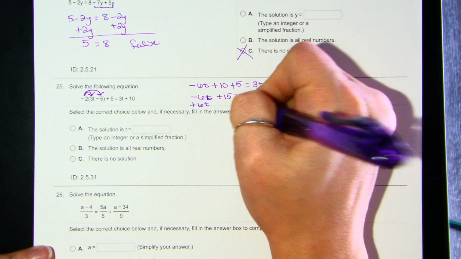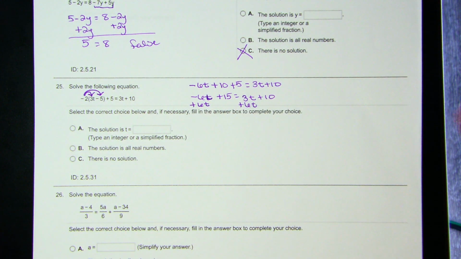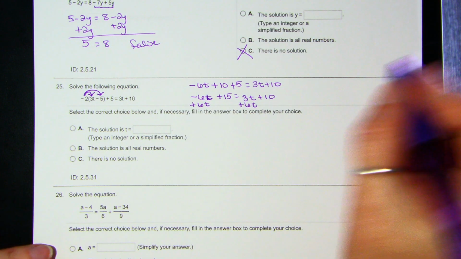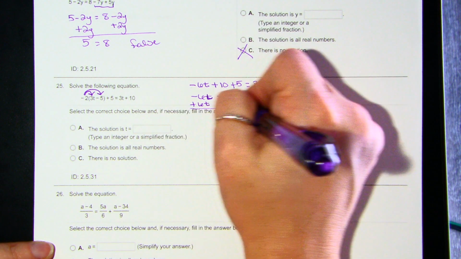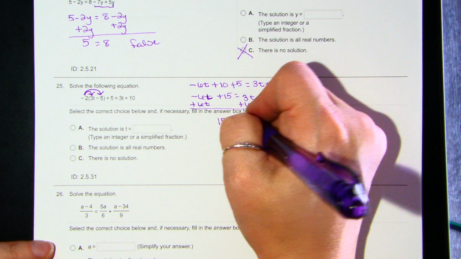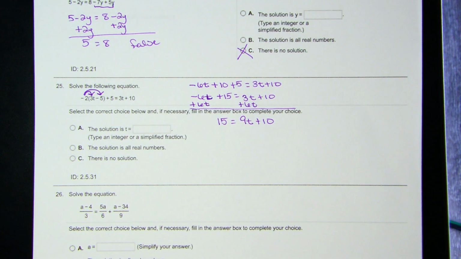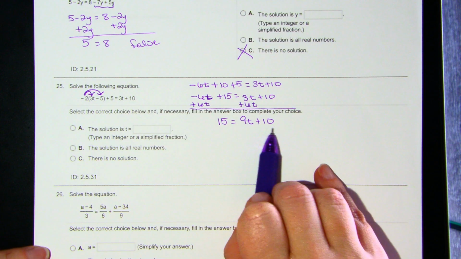So on the left, I'm left with 15. On the right, I had 3t plus 6t is 9t, and then I still have the plus 10. To get t by itself, I break my hand holding first, by my addition property. So I subtract 10 from both sides. 15 take away 10 is 5. The 9 is multiplying against the t.